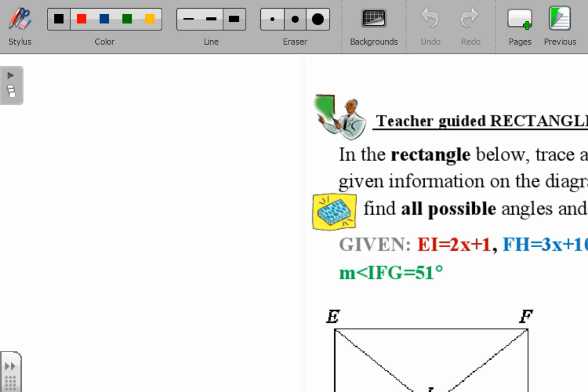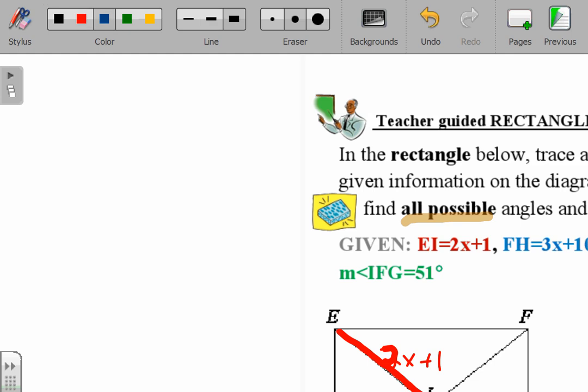It says, in the rectangle below, trace and mark the given information on the diagram, then find all possible angles and sides. Notice it says all possible. So step number 1, we are given that EI, I'm going to color code this in red, is 2x plus 1.